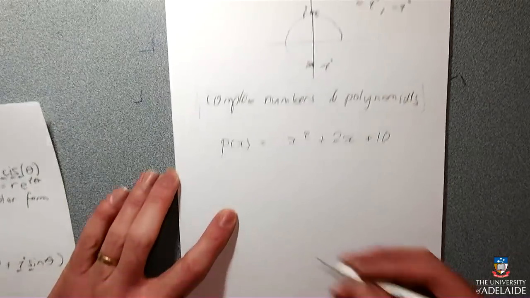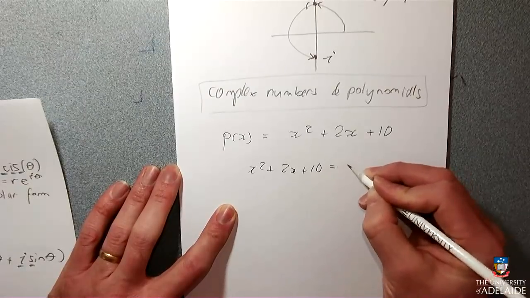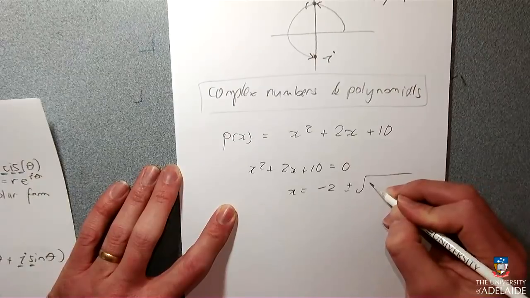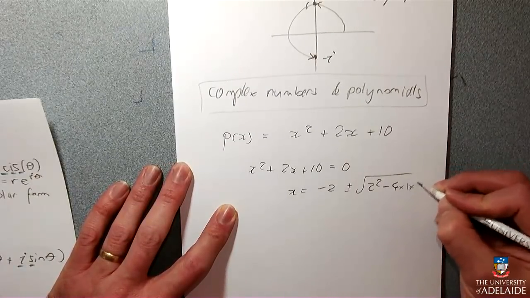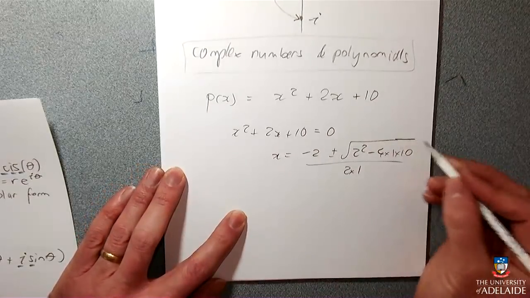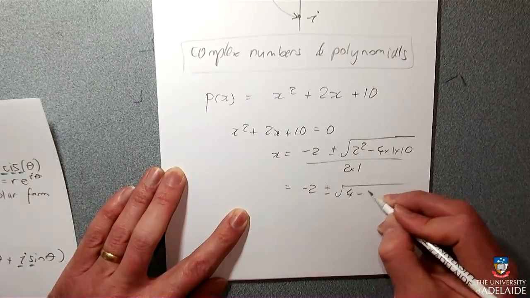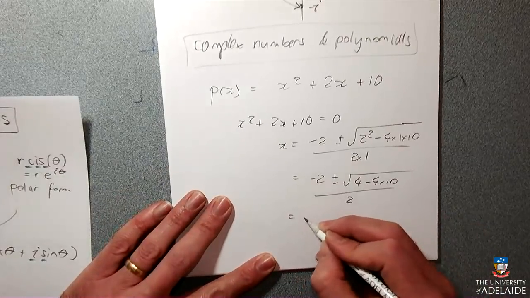Okay, so you get x equals minus b plus or minus the square root of b squared minus 4 times a times c, over 2a. Oh, look at that.